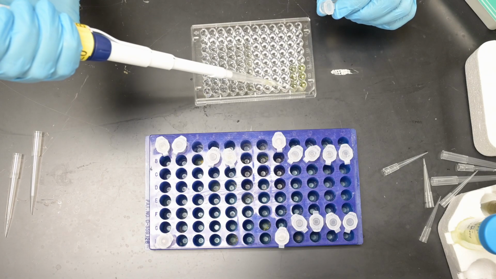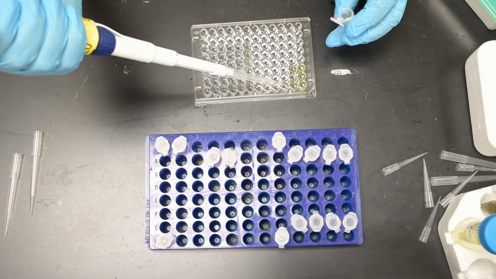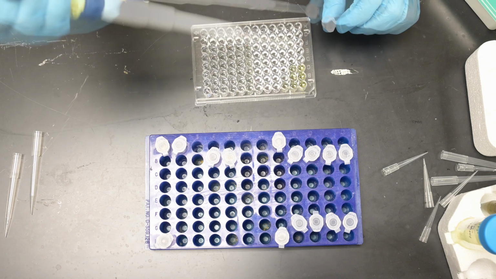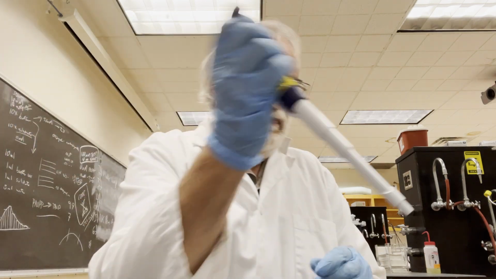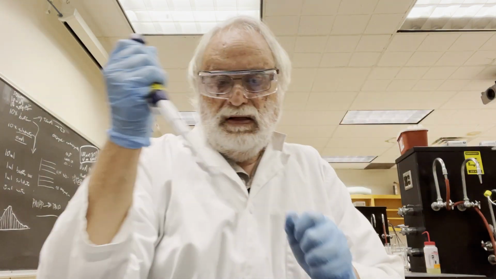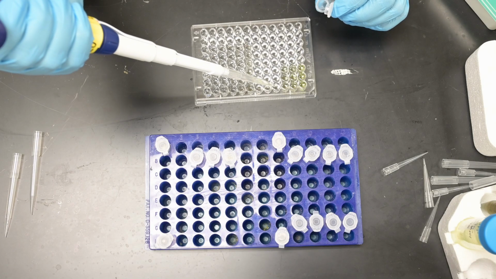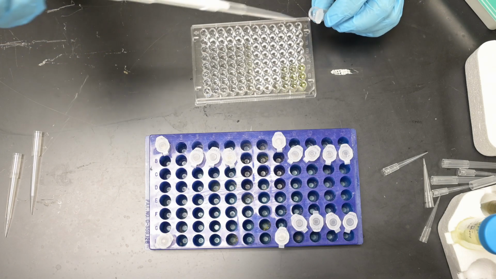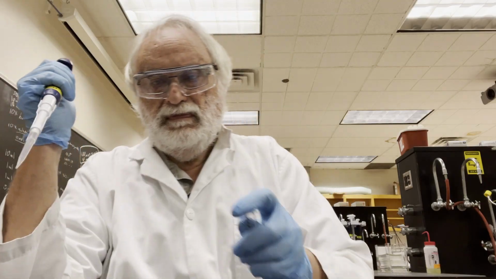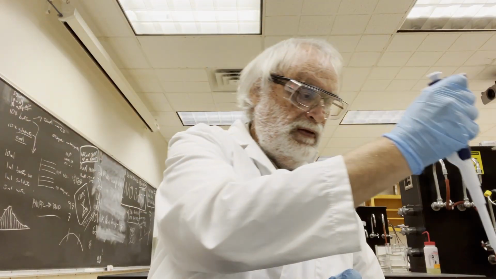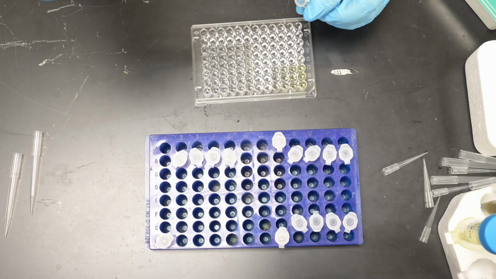In column 3 will be 125 micromolar. Column 4 is 62.5 micromolar. And in column 5, we will have the 31.25.